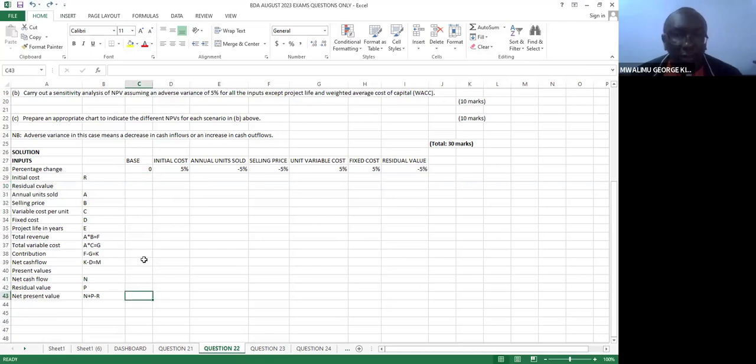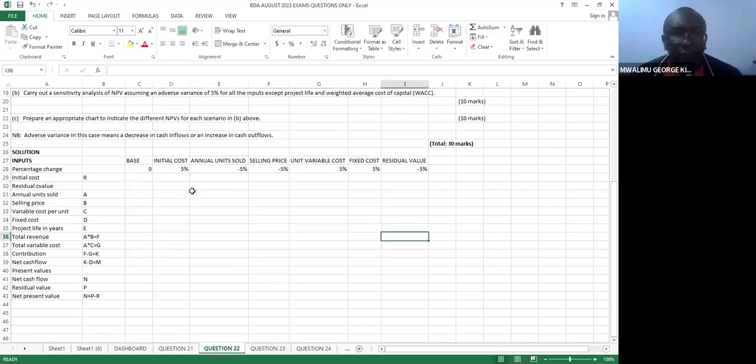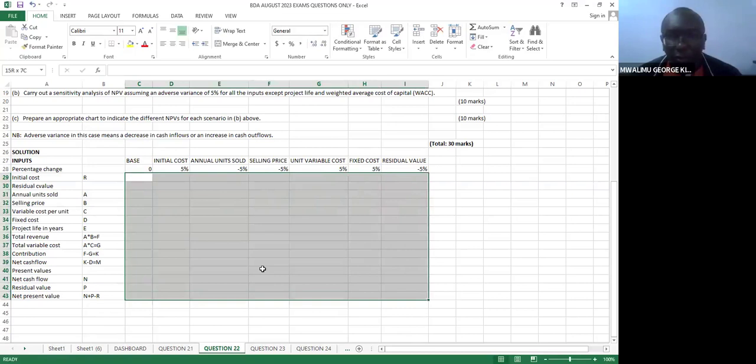I want to select all these values, up to that point, to have decimals.